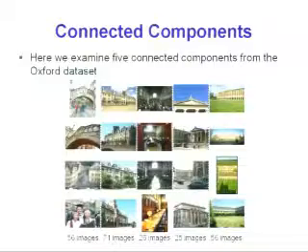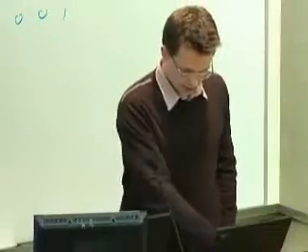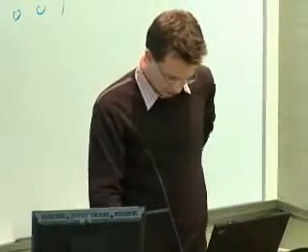And here's just on the Oxford dataset. You can see in some cases it does a pretty good job already. So these first three clusters on the left are pretty pure. You've got the bridge on the left, the back of Christ Church College in Oxford in the middle, and a college hall on the right. But these last two components contain a mixture of objects.